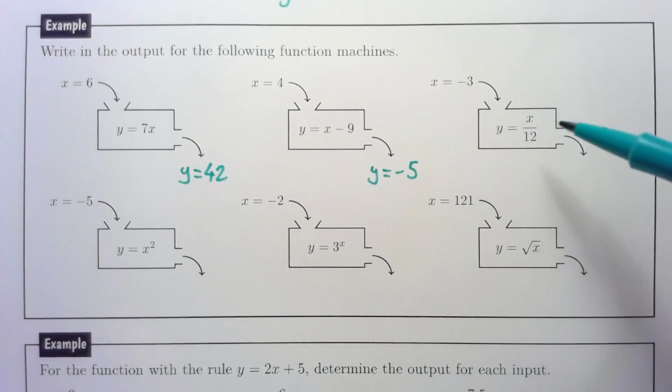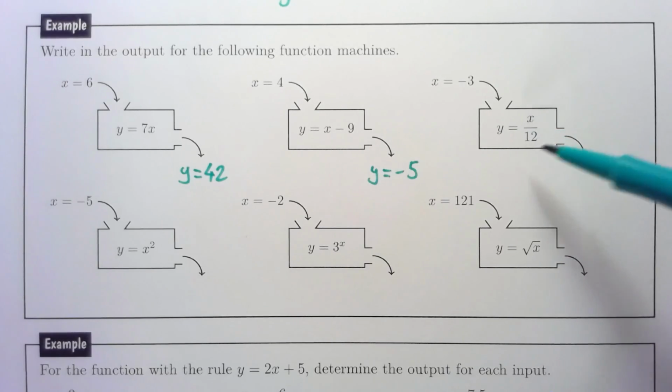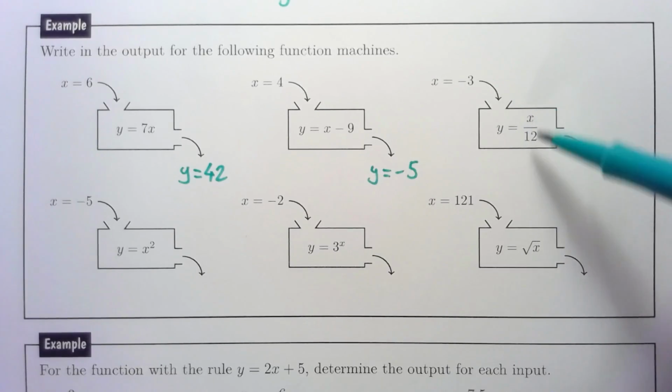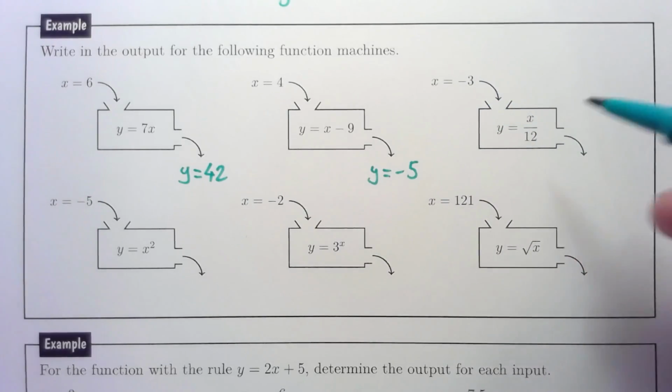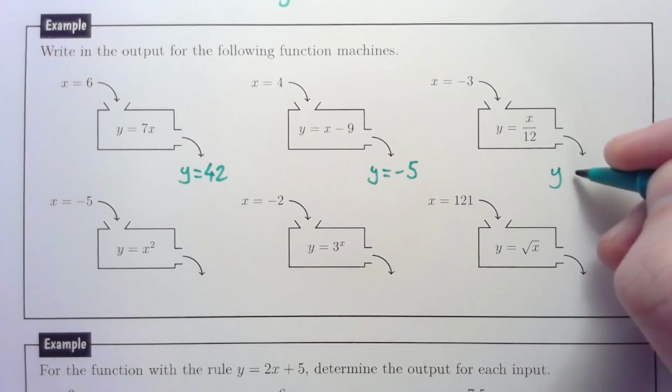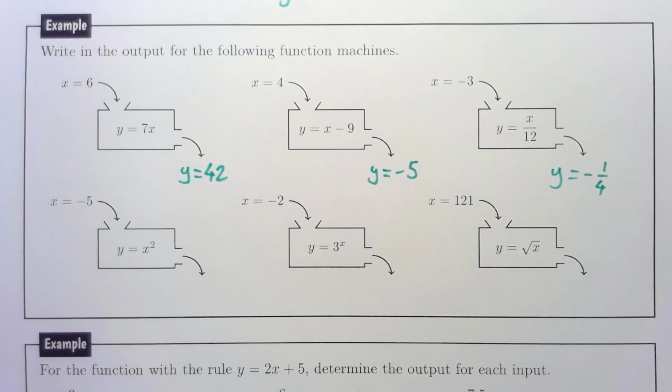For this machine, where y is x divided by 12, so the output is the input divided by 12, our input is x equals negative 3. Negative 3 divided by 12 simplifies to negative 1/4. So that's our output.